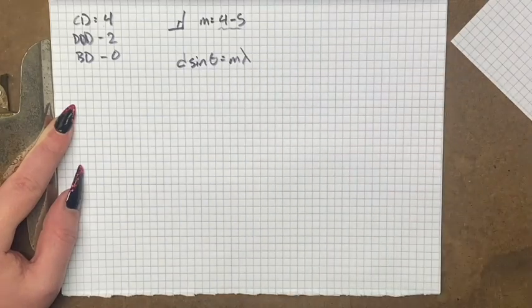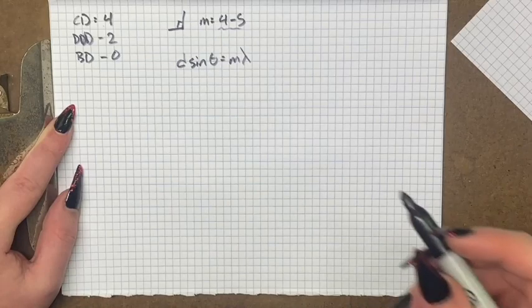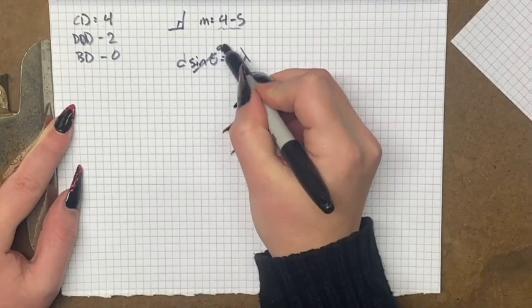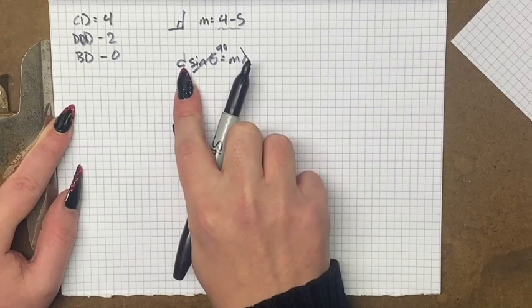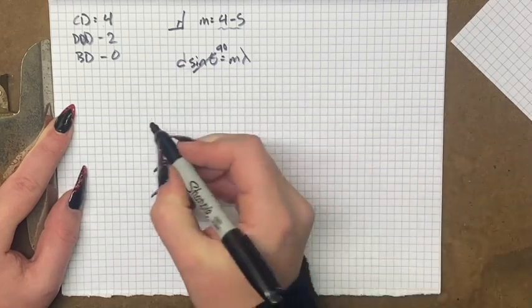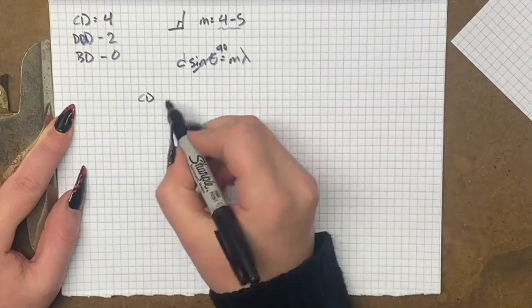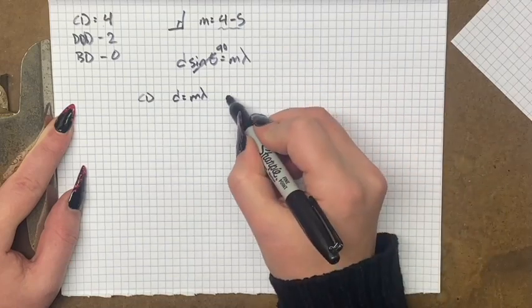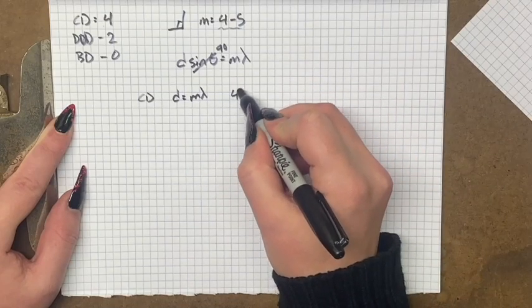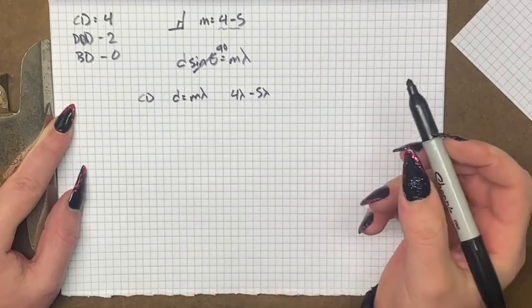We know the wavelength of the green laser was 532 nanometers. We set the angle to 90 degrees as part of our assumption to figure out the extreme cases, the minimum and maximum D. So for the CD, we're trying to solve for D. The sine of 90 degrees is 1, so D is just equal to m lambda. That means D is somewhere between 4 lambdas and 5 lambdas, where m equals 4 or m equals 5.